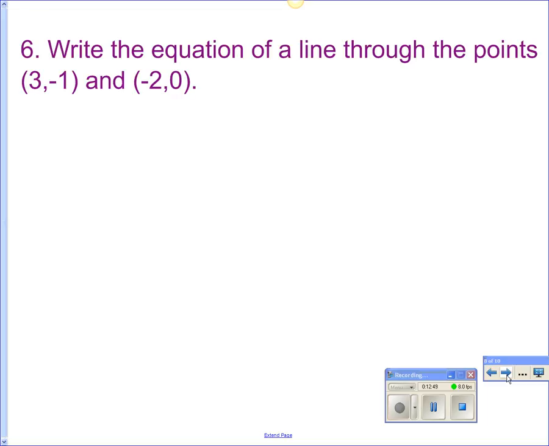All right. 3, negative 1, and negative 2, 0. We're going to do just a couple more. A couple people still need some more practice.